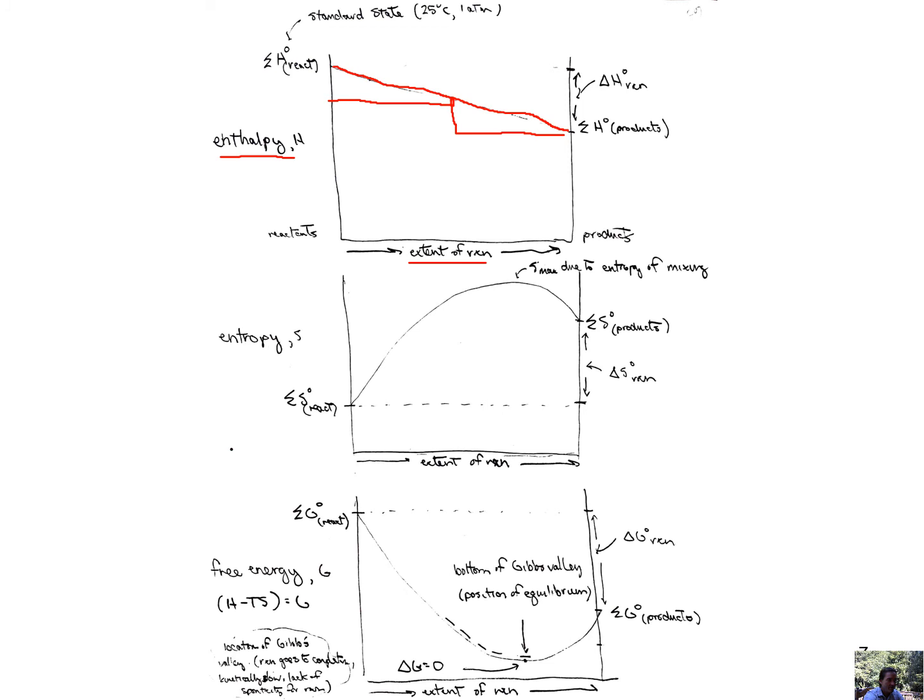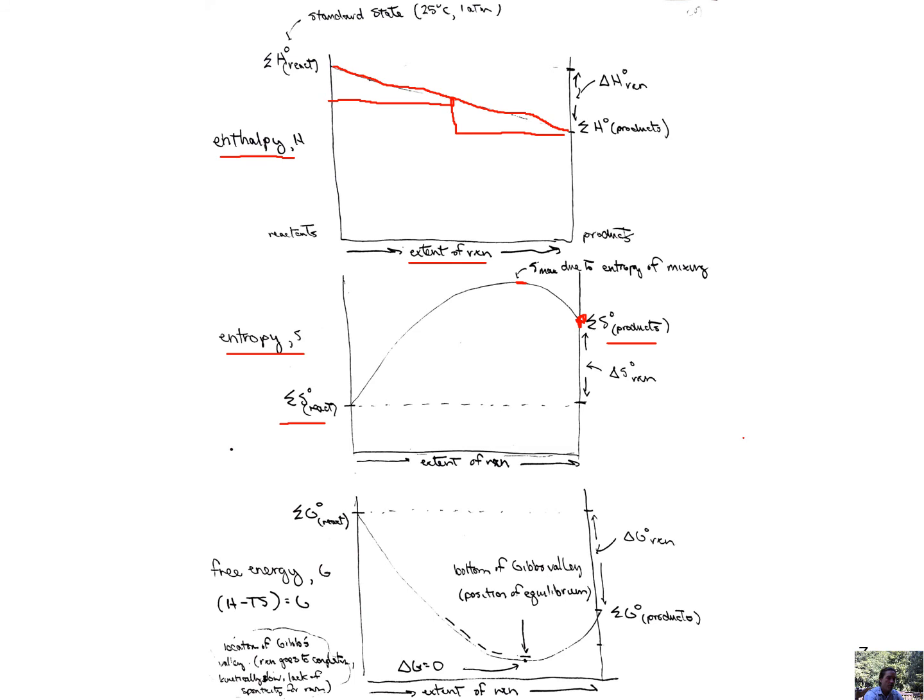Entropy, however, doesn't follow that same trend. Here, I am showing a reaction that has a delta S that's positive. More disorder is created. The products have more disorder, more entropy than do the reactants. So we're going to get a positive sign. But when it comes to entropy, the products aren't necessarily at the maximum value of entropy. The maximum value of entropy actually comes before you create the pure product.